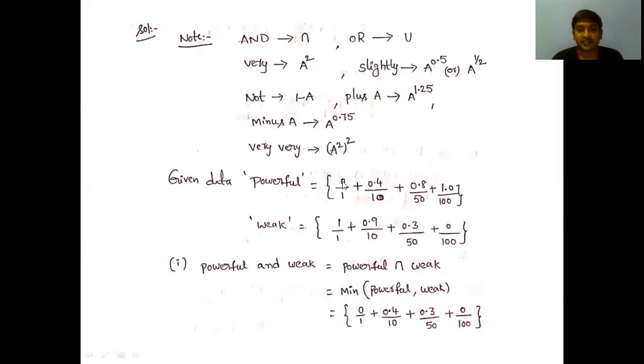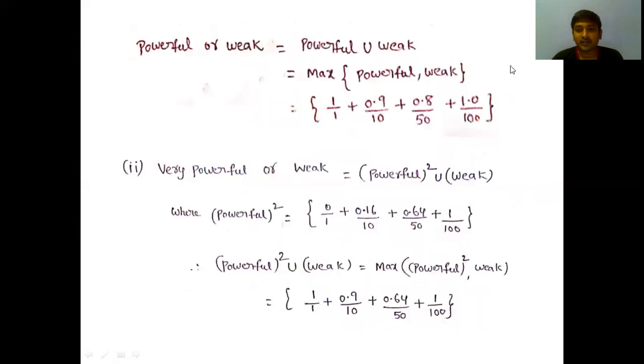Powerful fuzzy is 0, 0.4, 0.8, 1 from the given problem. Very powerful means powerful whole square, so we write 0 square, 0.4 whole square, 0.8 whole square, and 1 square. Therefore 0, 0.4 whole square is 0.16, 0.8 whole square is 0.64, and 1 whole square is 1. This is powerful whole square.